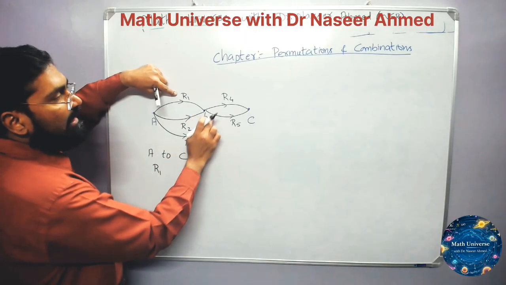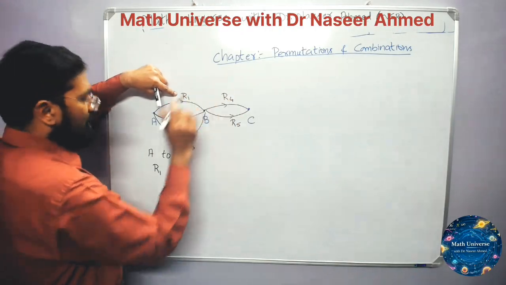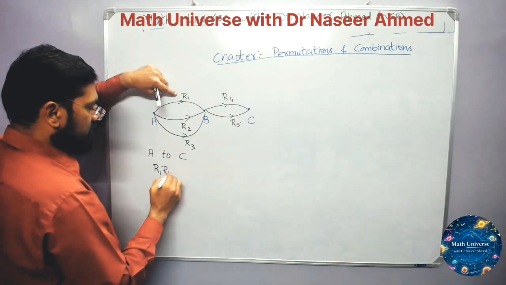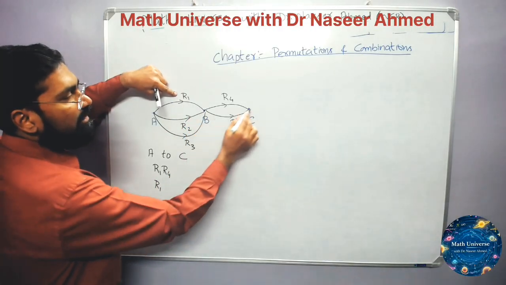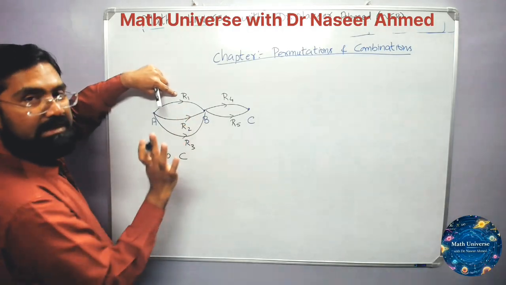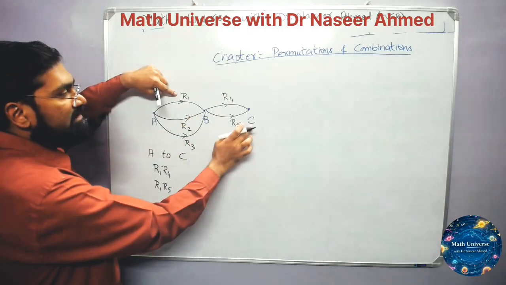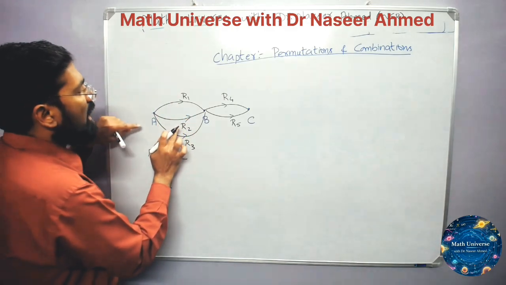Then after reaching B, I can take any one of the routes, either R4 or R5. Let us suppose R4. Then again, R1 and then R5. So with respect to R1, we have completed reaching from A to C. R1 done. Now fix R2.